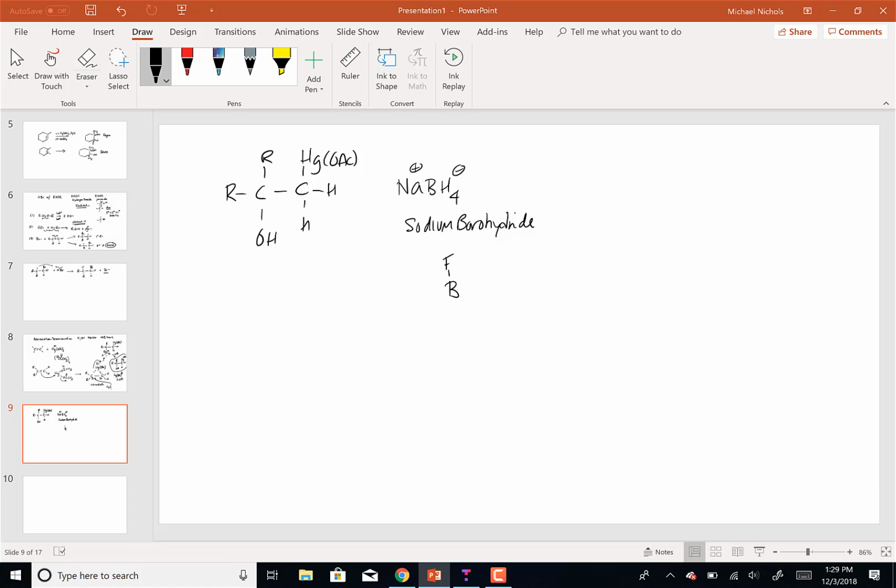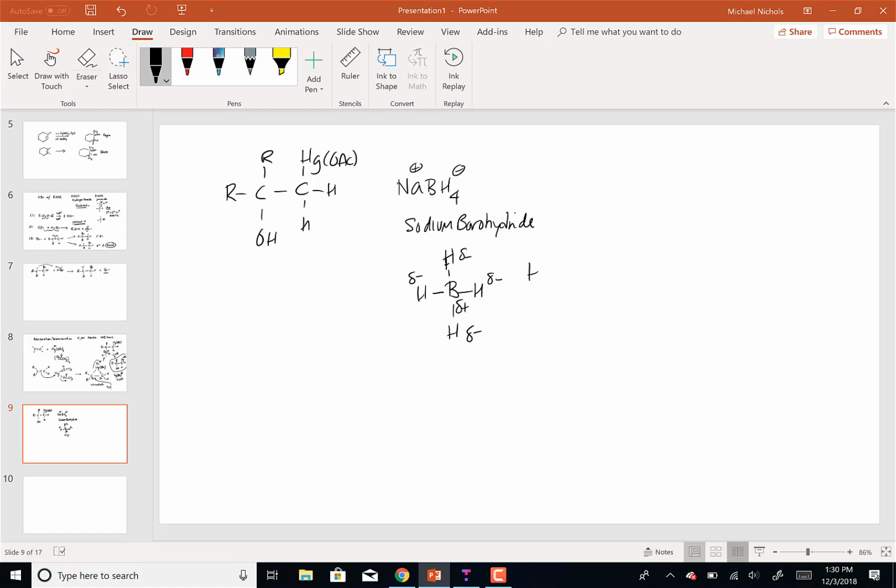So when you have a boron attached to hydrogen, the hydrogen is more electronegative than the boron, or you can say the boron is less electronegative than the hydrogen, which means that all the hydrogens have a delta minus charge and the boron has a delta positive charge. Because the boron is in the metalloid semiconductor portion of the periodic table.